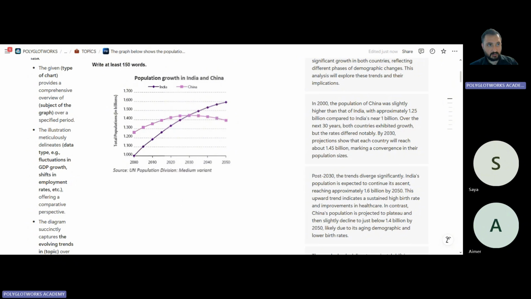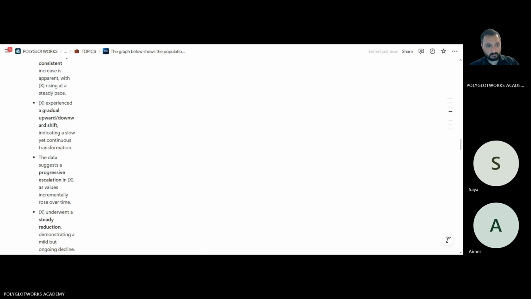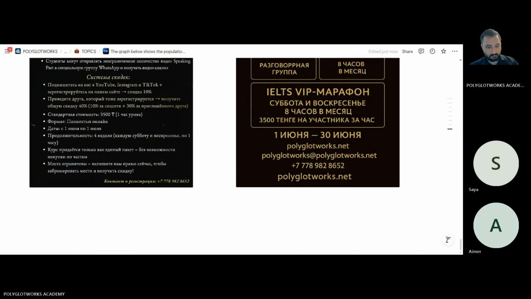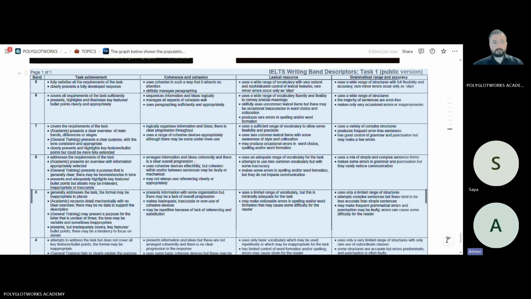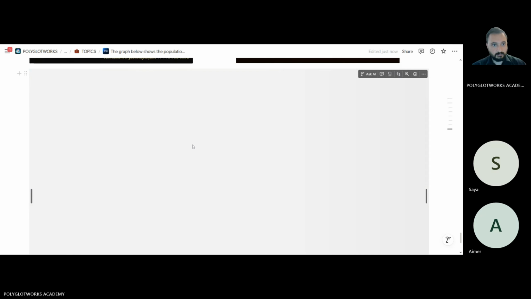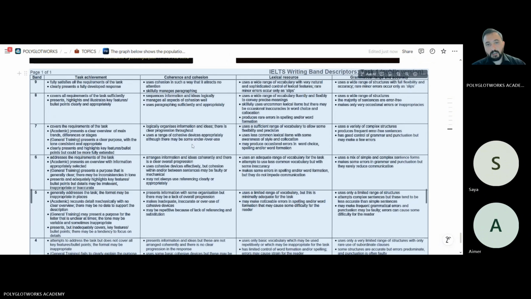I put it in the chat box and now I'm putting it on the screen. So you see here, right? Perfect. So this is how they score your article.